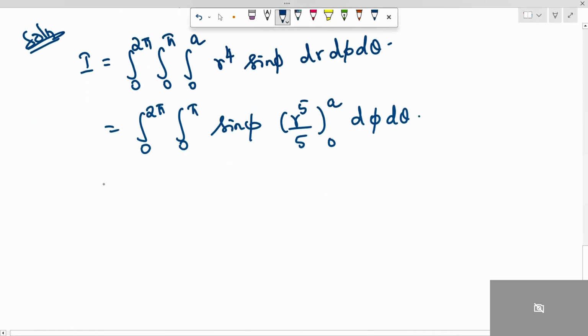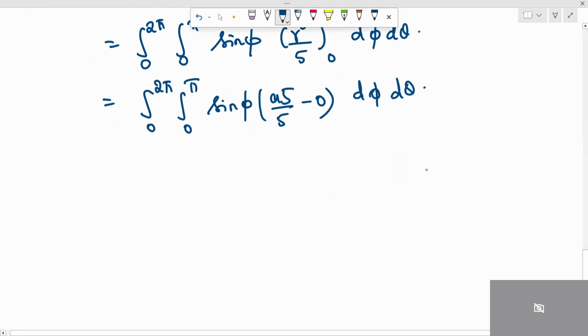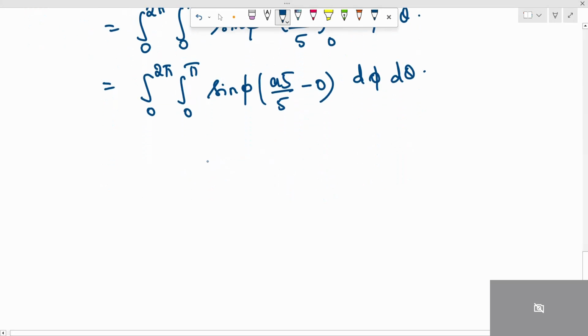Now apply the upper limit value a in r: 0 to 2 pi, 0 to pi, sin phi a power 5 by 5, lower limit value is 0, d phi d theta. Okay, now we can integrate with respect to phi.